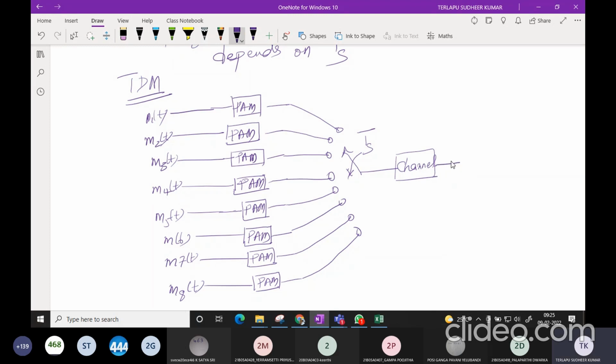Now what happens at the receiver? At the receiver, I have again the same. Instead of modulators, I have demodulators. So I have a switch here. So here, two, three.